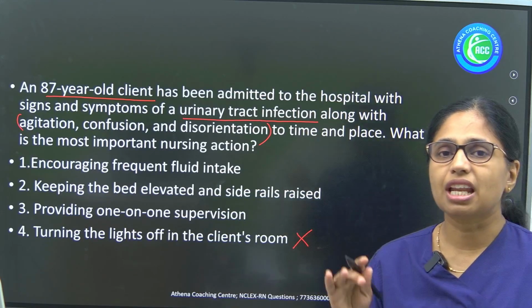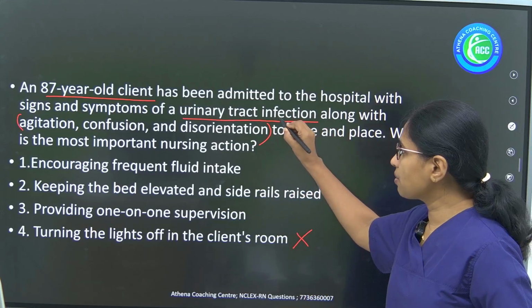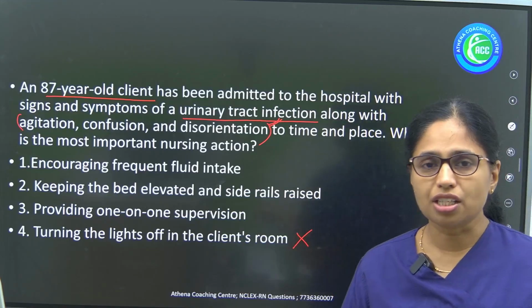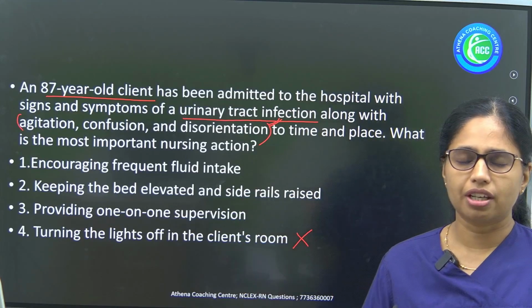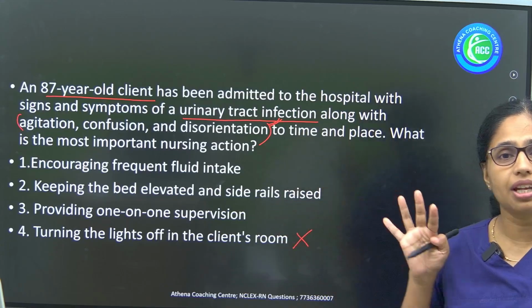Okay, so let me talk about UTI here. Always, when associated with UTI, there may be chances of agitation, disorientation and confusion. Usually in old age, when they develop UTI, this will be an associated thing.